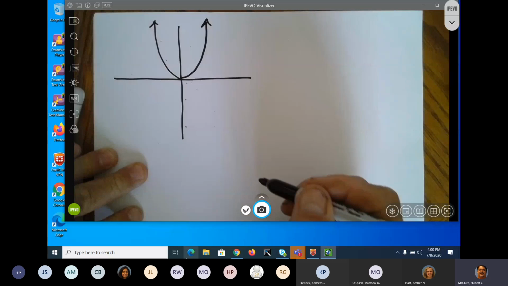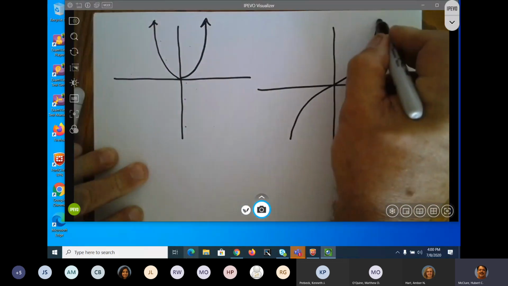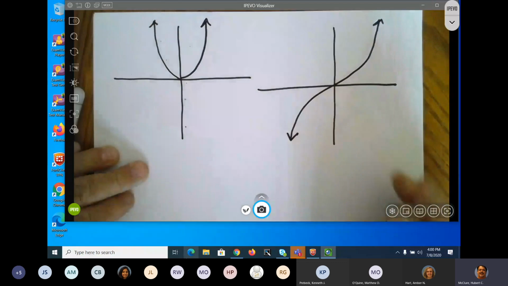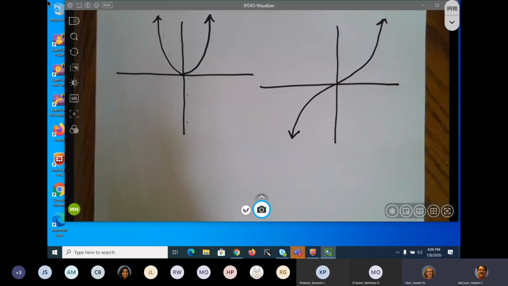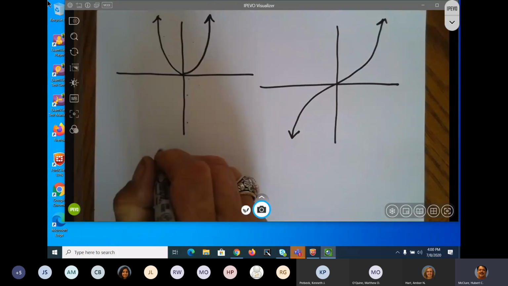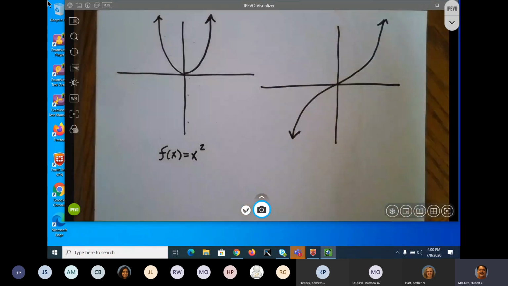Okay, somebody tell me what those two graphs are. From all your Algebra 2 and Algebra 2 review in here, what are those two graphs of? Square and cube. F of x is equal to x squared, and f of x is equal to x cubed.